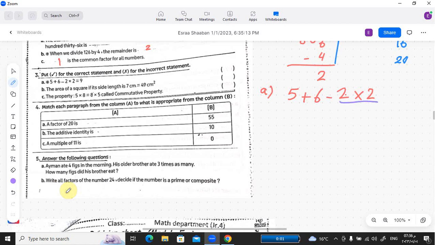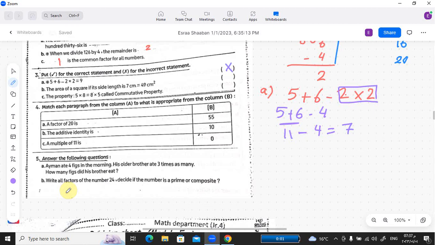We have times here. So 5 plus 6 minus, it's the same. 2 times 2 equals 4. After that, we have plus and minus. We will do the plus first because it comes first. 5 plus 6 equals 11 minus 4 equals 7. But he said the answer is 9. Wrong.